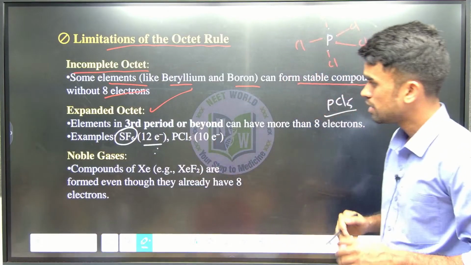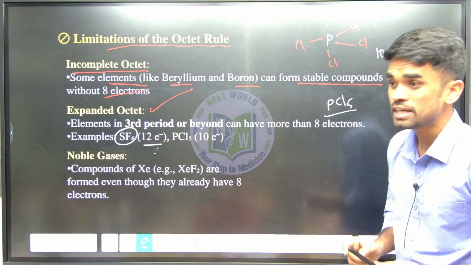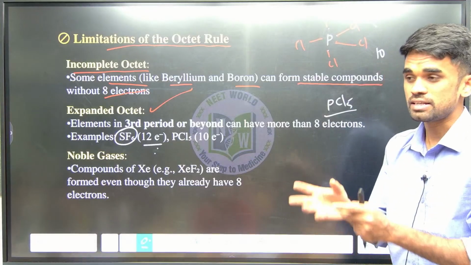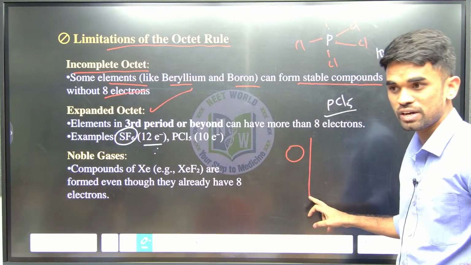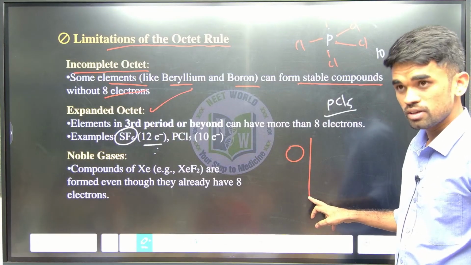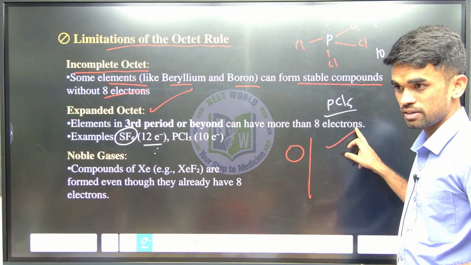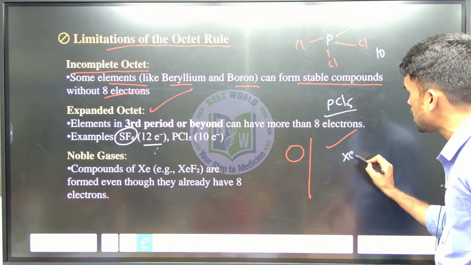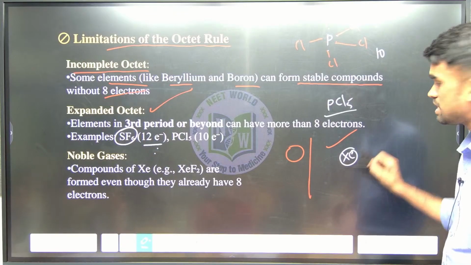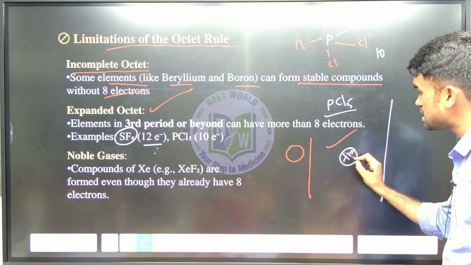Okay, that's it. Next, now what he told: the molecules or the atom or the species having octet configuration or noble gas configuration are stable, they are saying. But there are some compounds. For example, xenon is there. Xenon belongs to which group? It's a noble gas now. So noble gas means it should be stable.